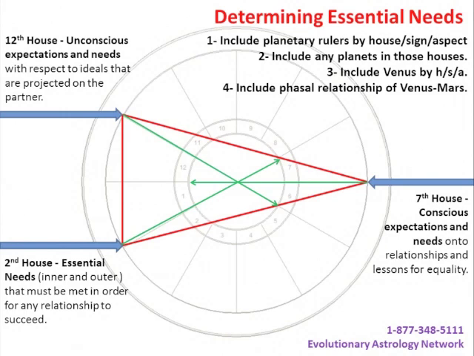All right. So now here we are looking at the third component to what evolutionary astrology looks at in determining essential needs. And this is where we move into the 12th house cusp, and we look at the unconscious expectations and needs with respect to the ideals we each have that are projected onto the partner. And included in that is the polarity point.